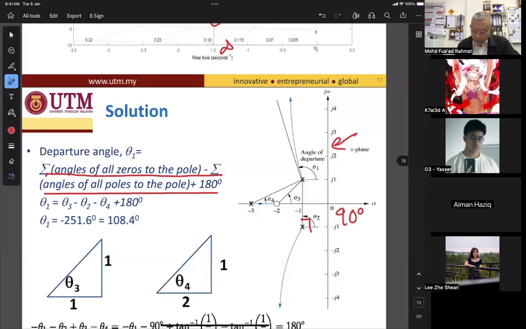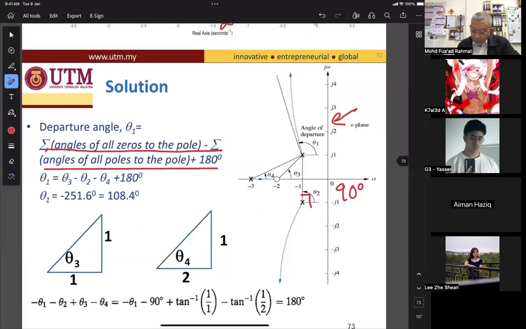Right, so 90 degrees. Theta 1, theta 2, where is theta 2? Theta 2 is here, sorry, 90 degrees. Theta 1 is under concern. Theta 3, that is theta 3. Theta 3 is a triangle. Using trigonometry, how do we find theta 3, the angle? Yasir?